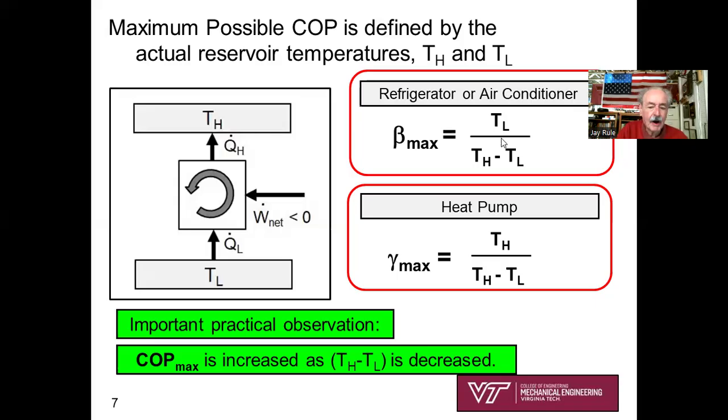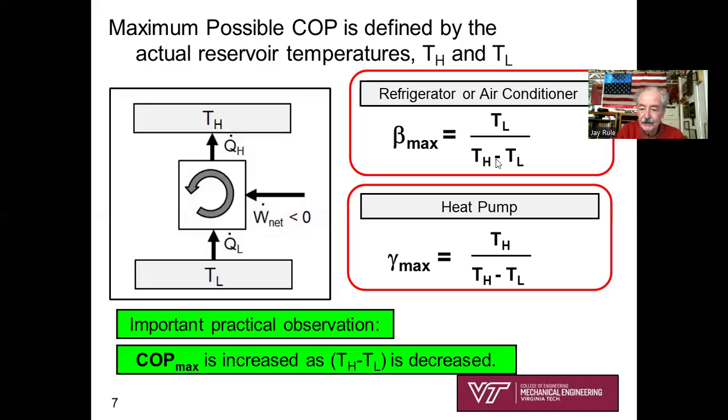What's an important part of calculating coefficient of performance for a Carnot cycle? Your temperatures must be in absolute temperature, don't they? And so do you see that TL, or for a heat pump, TH, the numerator of these two expressions is going to be a pretty big number, isn't it? It's going to be at least 273 degrees K plus.